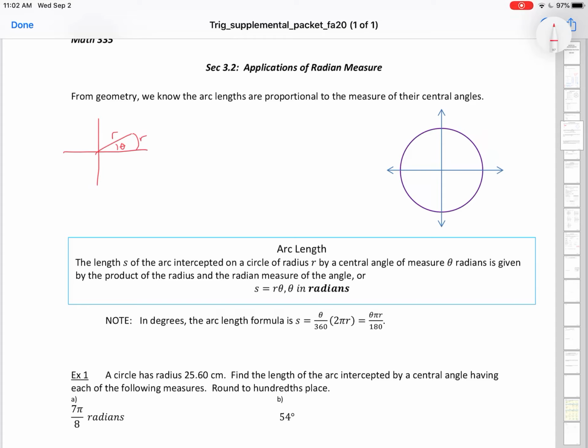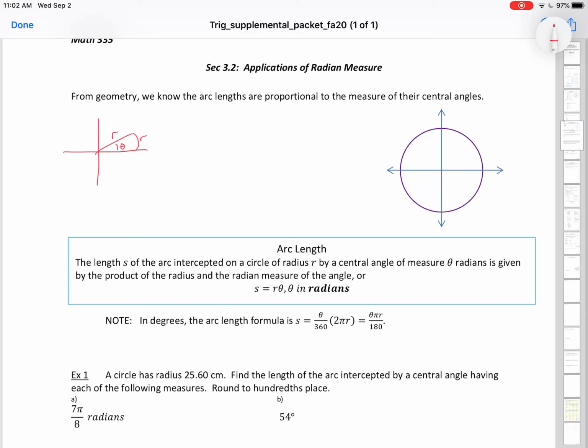And so we use that to get this definition of arc length. The length s of an arc intercepted on a circle of radius r by a central angle of measurement theta radians is given by the product of the radius and the radian measure of the angle, or S is equal to R times theta. So that's a lot of words to say something that's very, very nice.